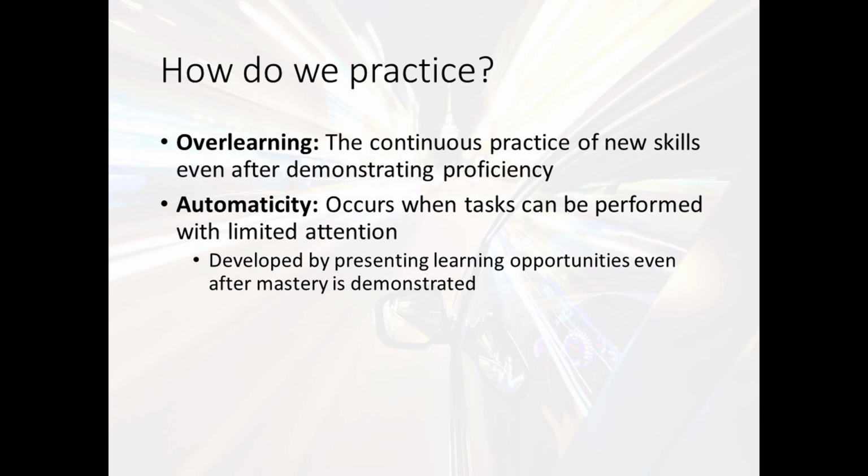Annual certification programs like CPR may attempt to do this through their refresher courses by focusing on the most important information. Ideally, we want trainees to overlearn and practice so much that their new skills become automatic and like second nature.